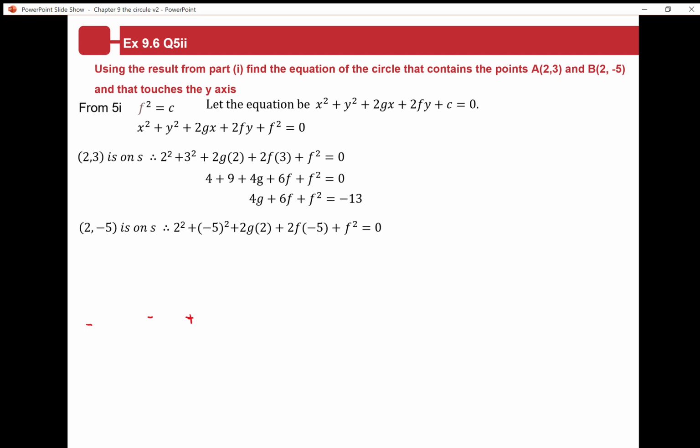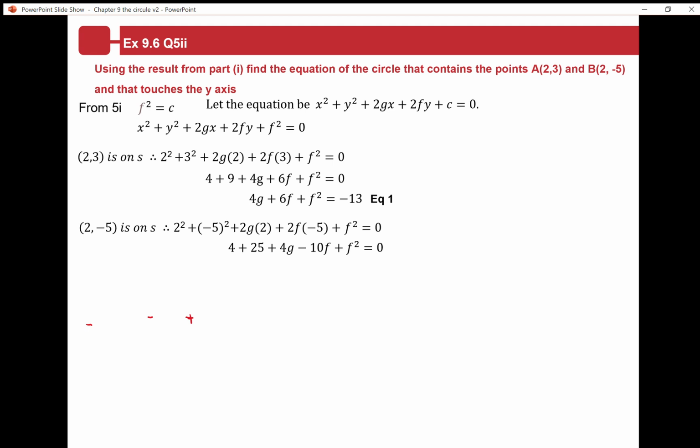We know that the point 2, minus 5 is also on the circle, so substituting this into our equation of the circle gives us 2 squared plus minus 5 squared plus 2g times 2 plus 2f times minus 5 plus f squared is equal to 0.